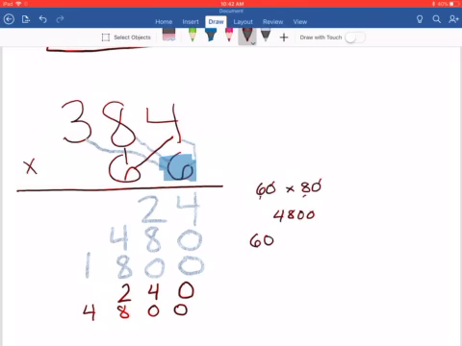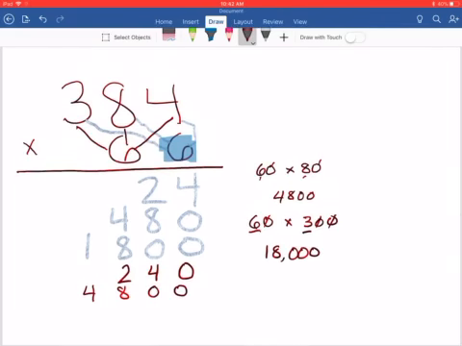And then 60 times 300. So 6 times 3 is 18, and I've got 1, 2, 3 zeros. So it's going to be 18,000. 1,8,0,0,0.